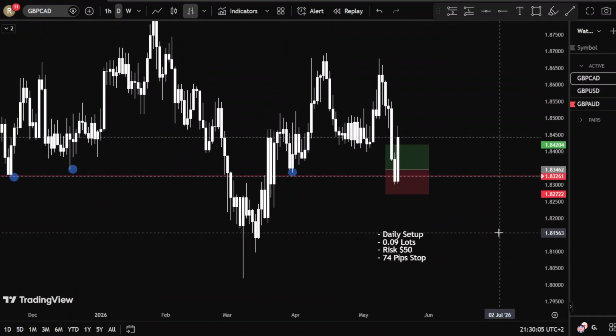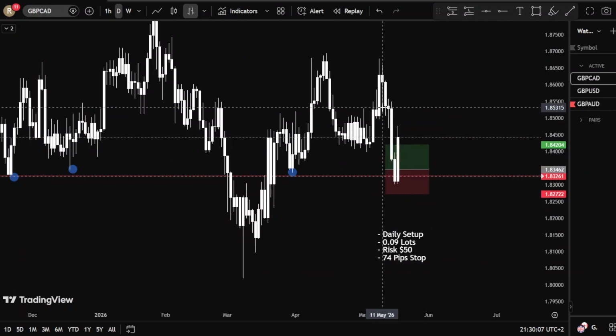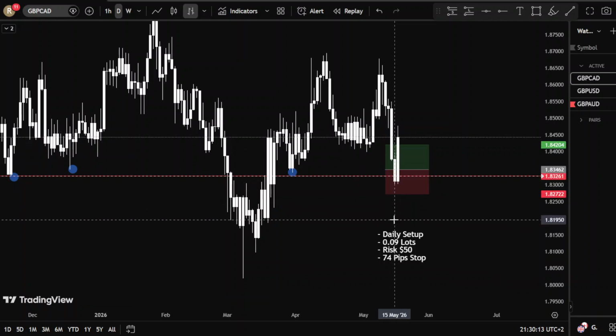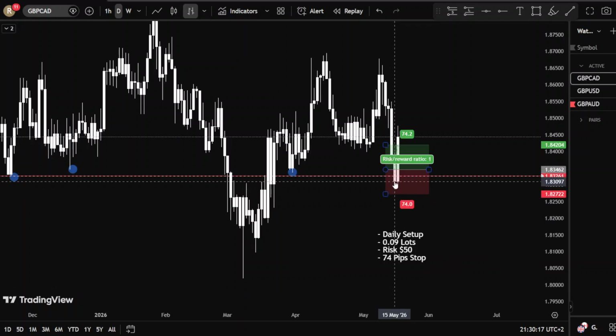On Friday, I could see that price, or actually here, this is on Friday. On Friday evening, my alert went off. And I didn't take the trade on Friday evening, even if I could, because I wanted to see if it actually respected this line, the red line.